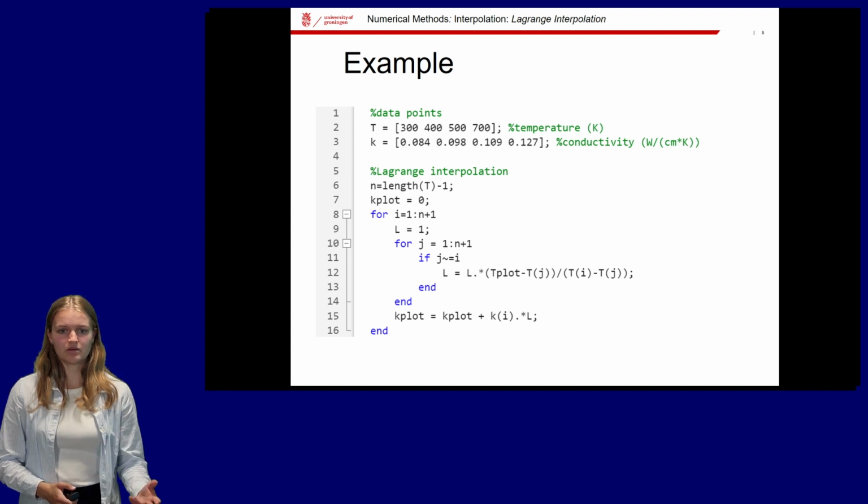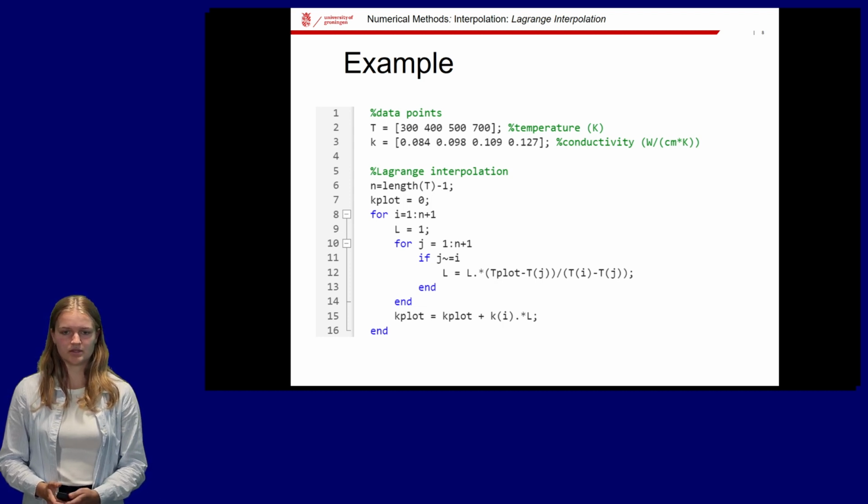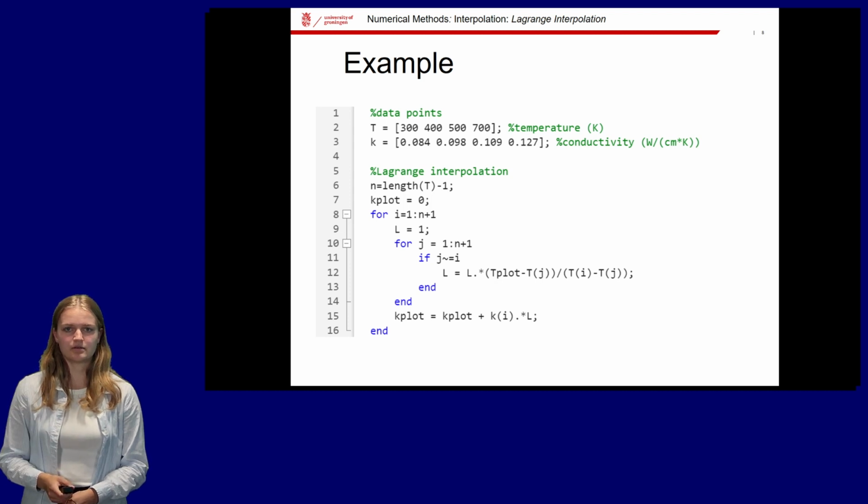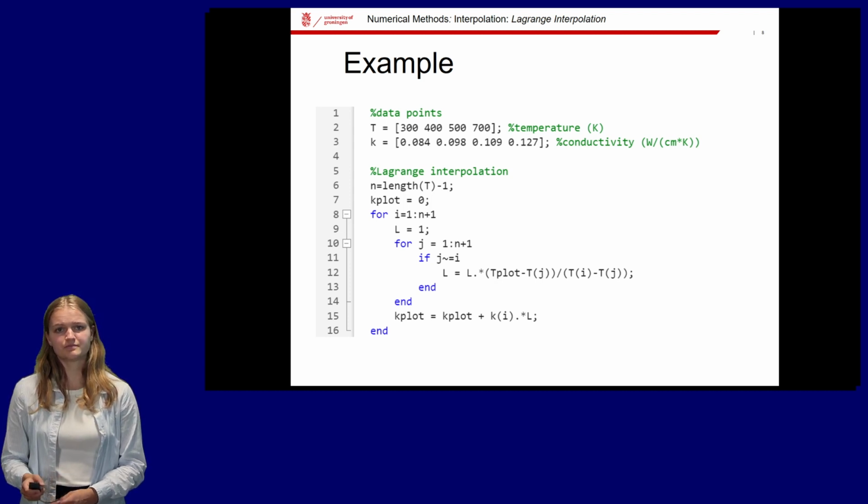Now we can also calculate the polynomial with Lagrange interpolation. Just like we did in the last example by hand, you can write a program that does it for you. And here, such a program is given with already the data points in it. You basically have two for loops, namely the summation part, where you sum the terms to get the final polynomial, and the inner loop is for the product to calculate the L functions.